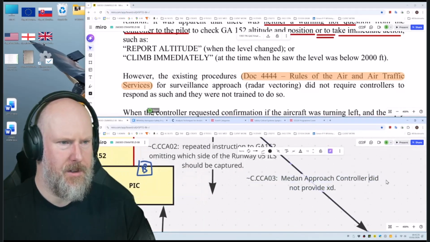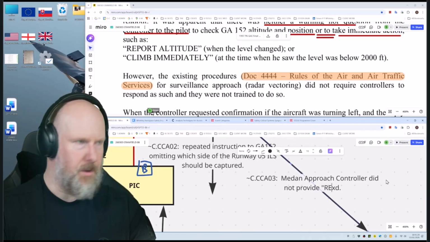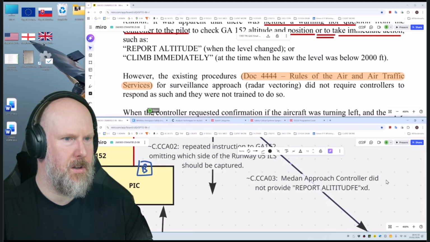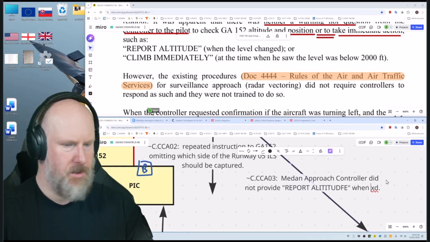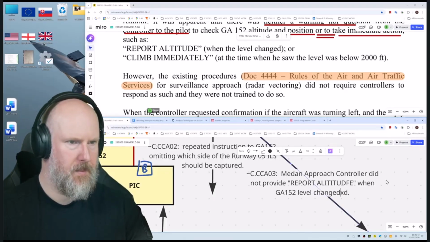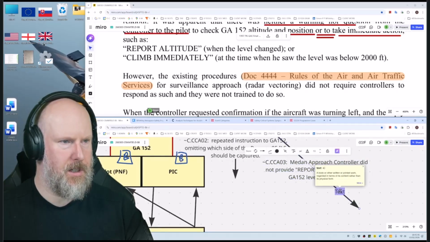So Medan approach controller did not provide report altitude when GA152 level changed. There we go. And what was the other one?